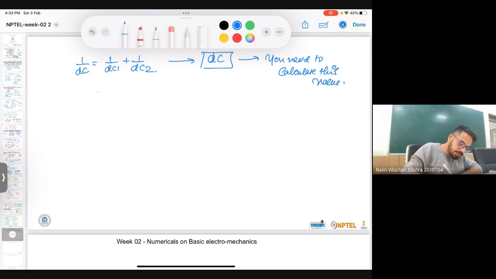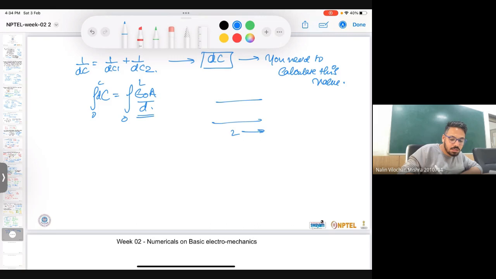After solving it, the capacitance is basically epsilon naught A by d. So you need to integrate this dC from 0 to L, where L is the length.